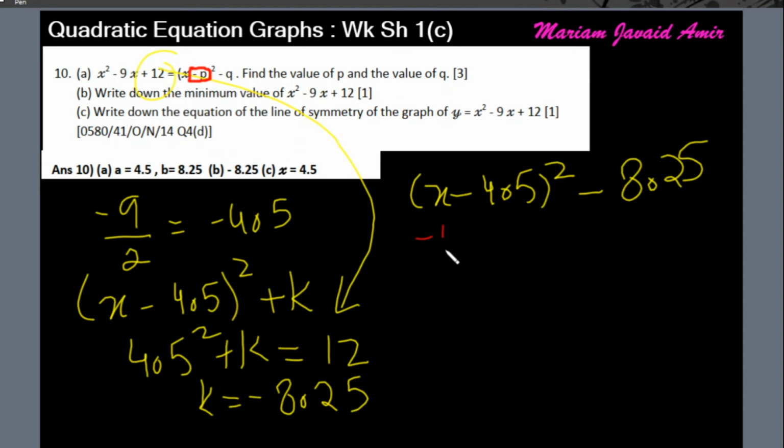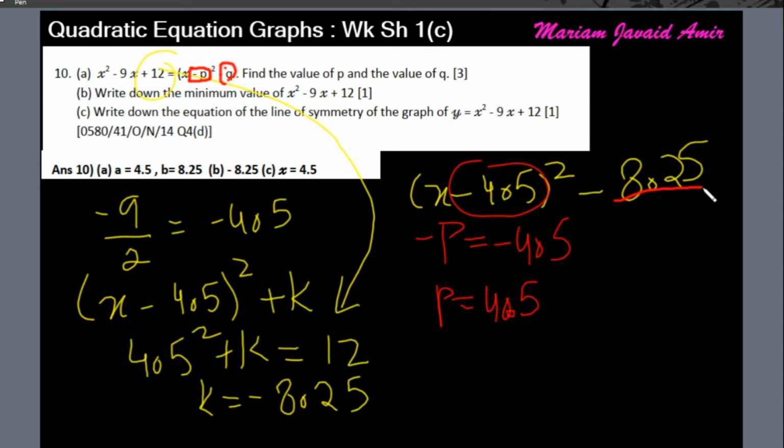So minus p equals minus 4.5. So p equals 4.5. And next minus q equals minus 8.25. So q equals 8.25.